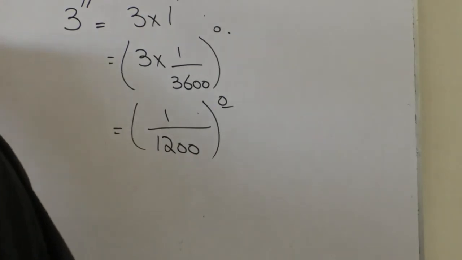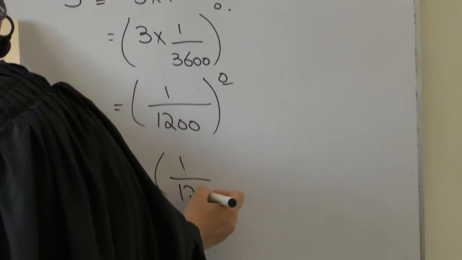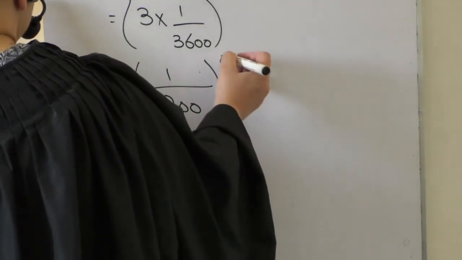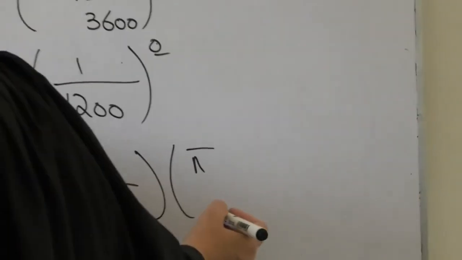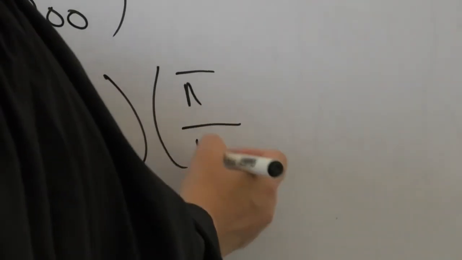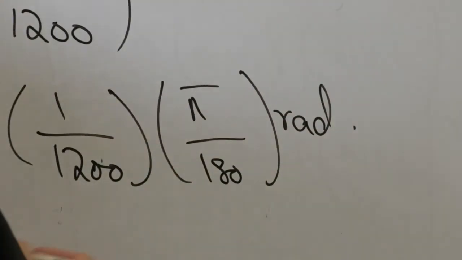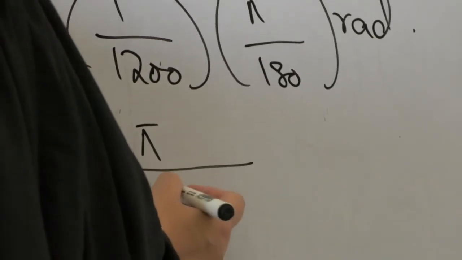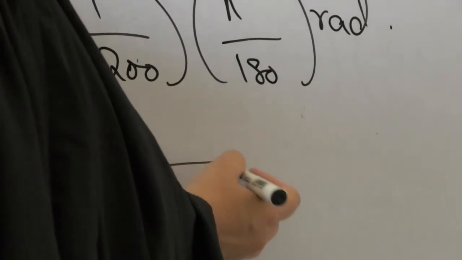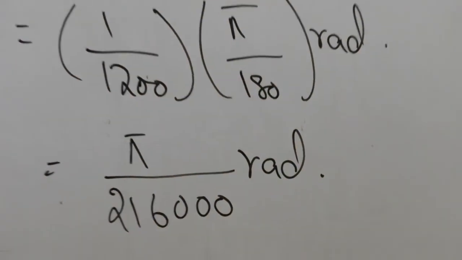Convert this degree into radian. 1 over 1200 remains as it is. Instead of this degree, it becomes pi by 180 radian. So it is pi by 216000 radian.